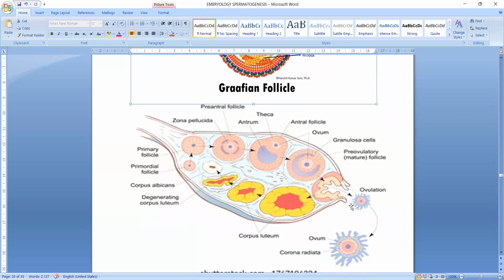The ovum is not released freely. It contains corona radiata and zona pellucida, two membranes.